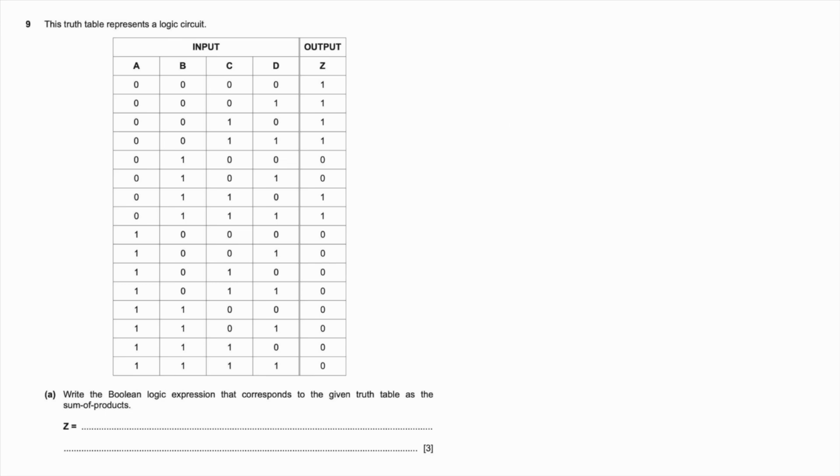Now, I'm going to show you one more example because this is actually pretty important for being able to create Karnaugh maps. And we'll see what those Karnaugh maps are in a second. So again, we're going to look at this truth table. Remember, the key is to identify where the outputs are 1s or true. Okay.